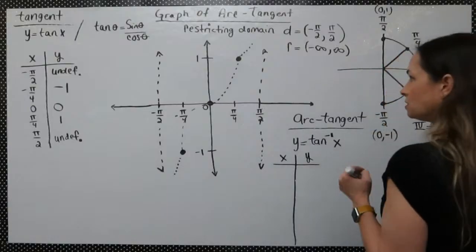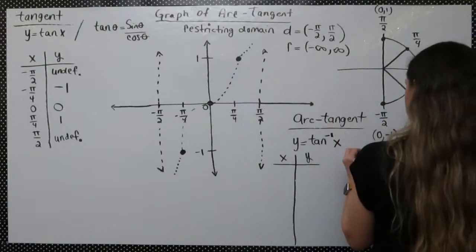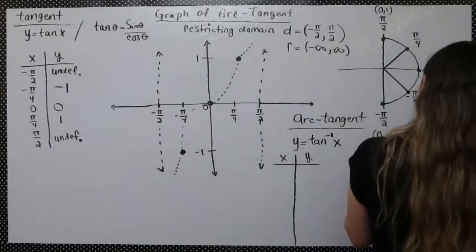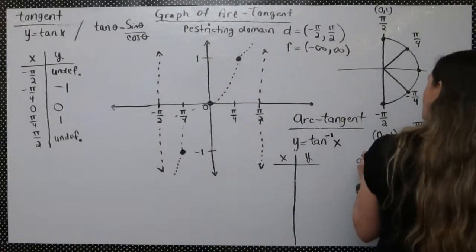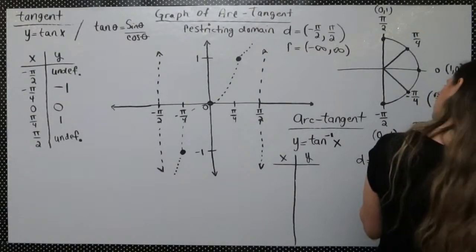So we're first going to talk about the domain and the range of arctangent. And we're going to start by writing the domain. And I'm not making a mistake. I'm actually just swapping them out. So the domain of arctangent will take any value.